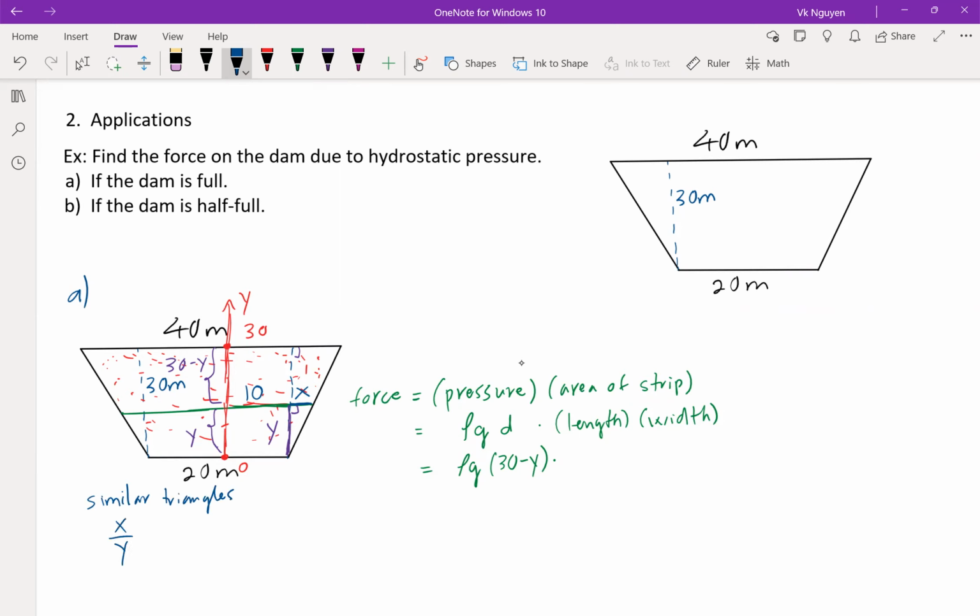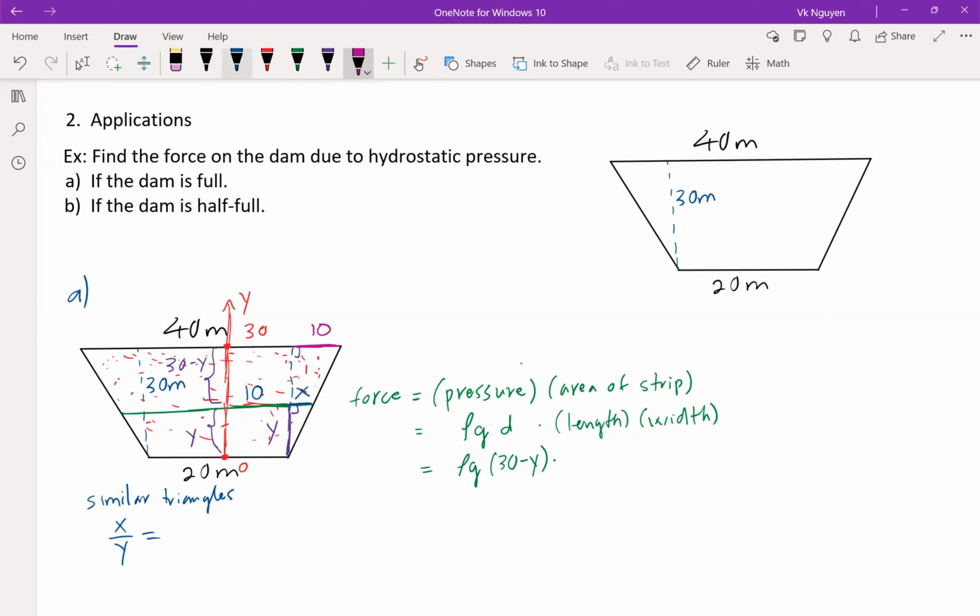x over y equals. This distance right here is half of 40 minus 20, so this would be 10. And then the height is 30.